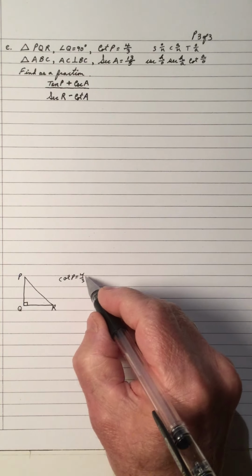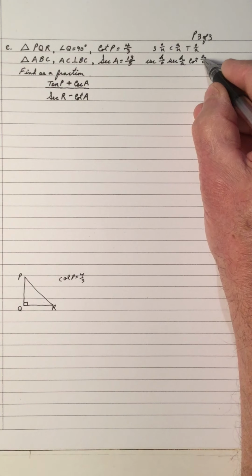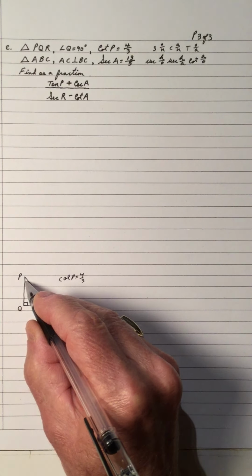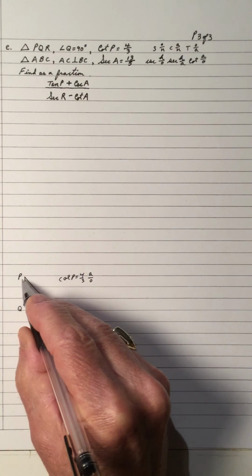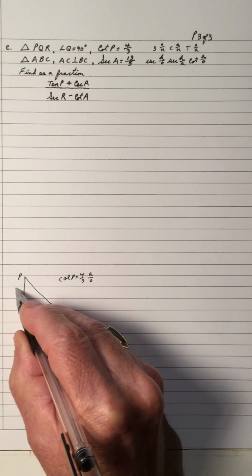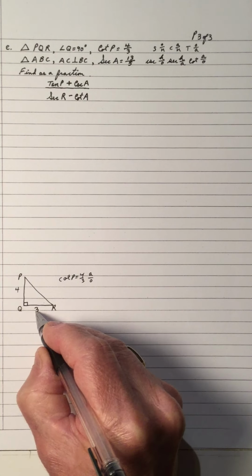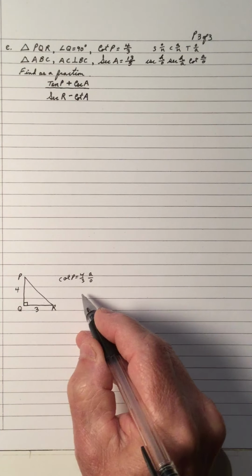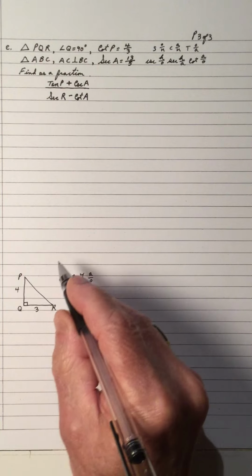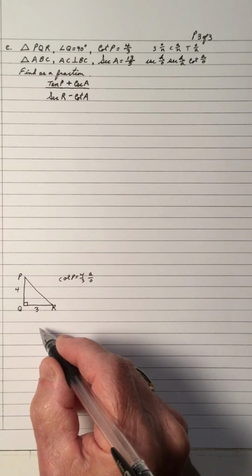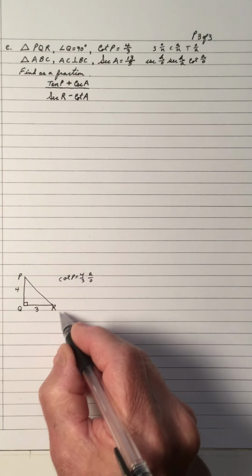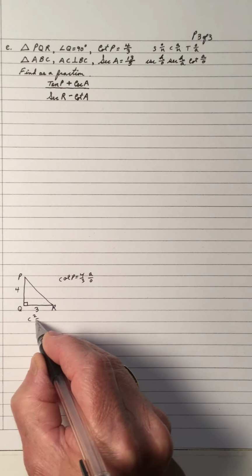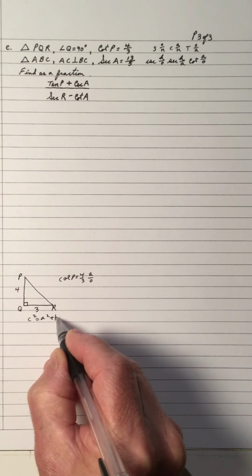So cot is adjacent over opposite in terms of P. In terms of P, adjacent is 4, opposite is 3. And that means now we probably need the other side, the hypotenuse. So we have c squared is a squared plus b squared.